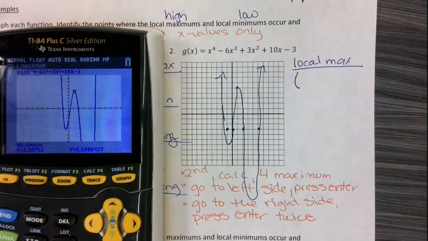What's the maximum? It's a coordinate point. And I want to round to 2 decimal places.